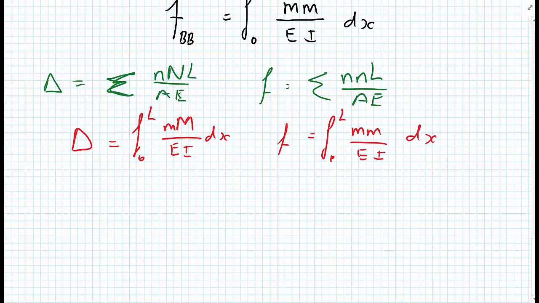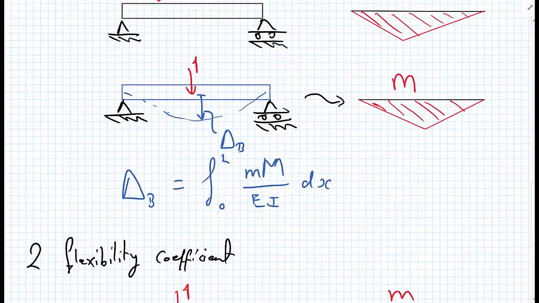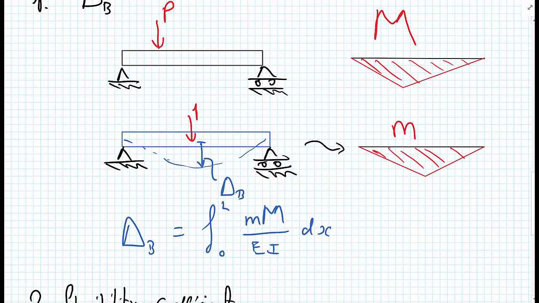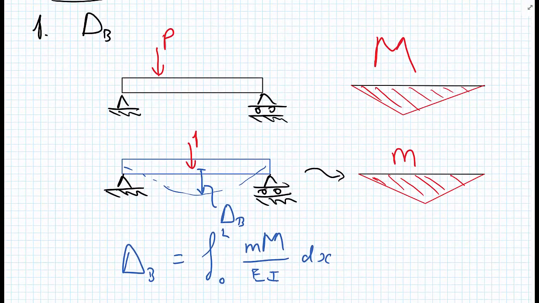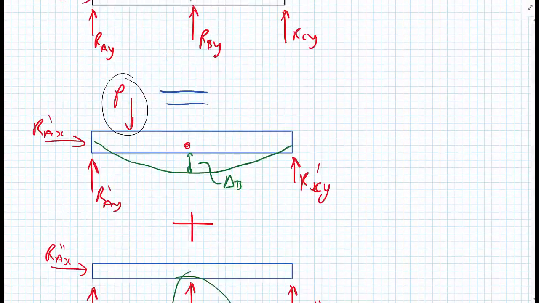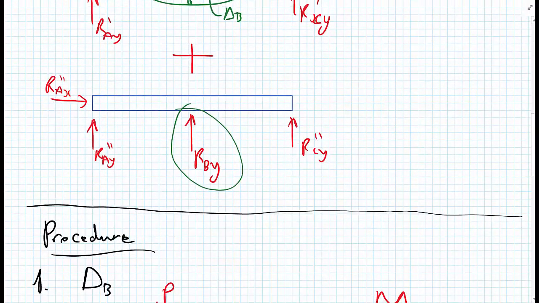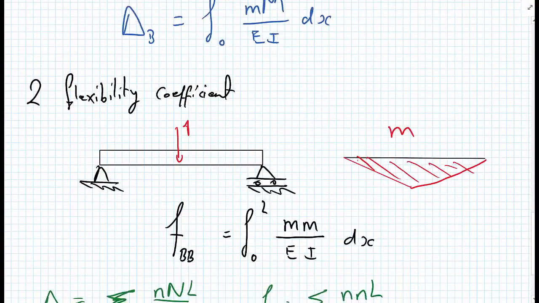So with our flexibility coefficient calculated, our fictitious displacement delta BB, which we wish to get rid of, because in the real structure we have no displacement at B, we can set up our compatibility equation.